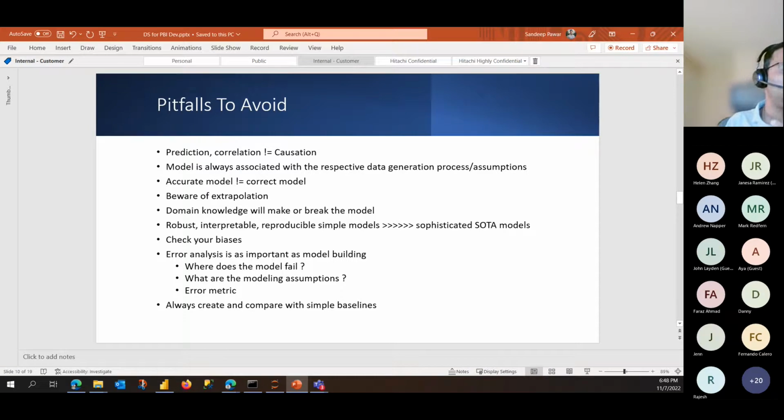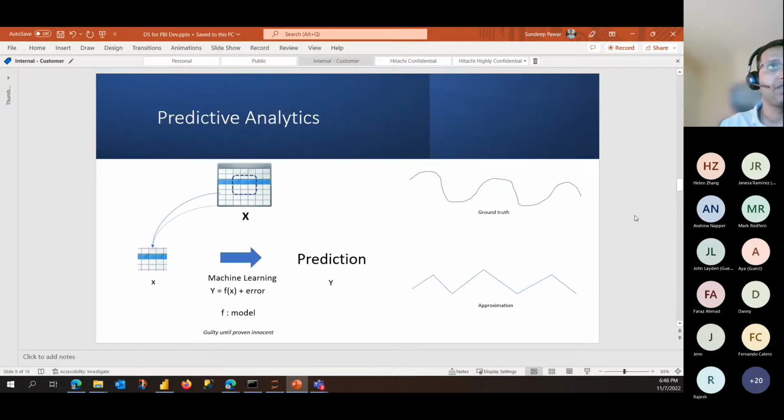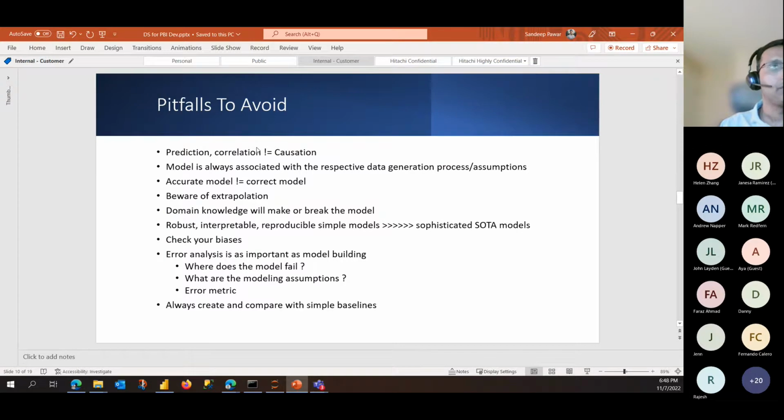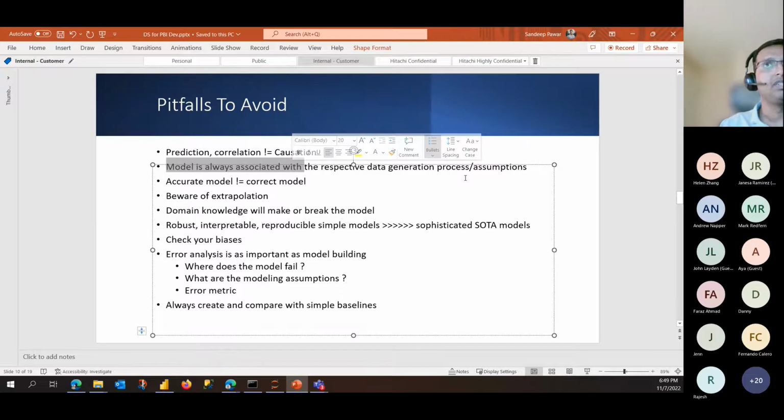What you want to keep in mind is that the model, or the insights that you are going to get, are always tied to some sort of data. Okay. Predictions, when you create predictions, those correlations do not mean causation, that we just talked about. The model that we are creating is tied to that data generation process.